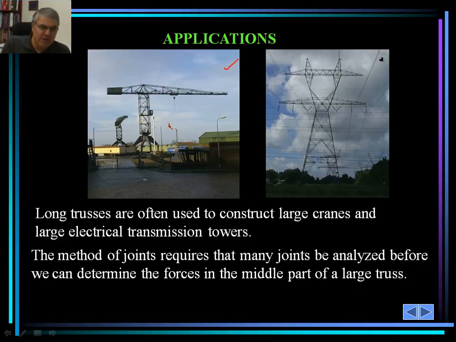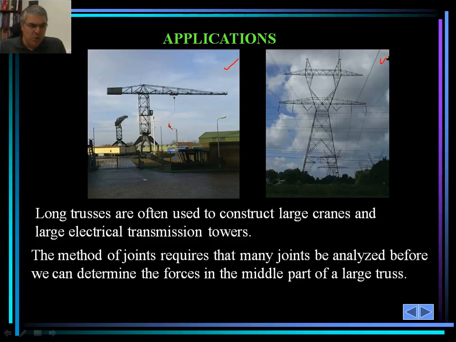And the other one is the huge power plant. It's actually transmission lines that would be carried by these huge transmission towers. So that's also another application of large trusses.